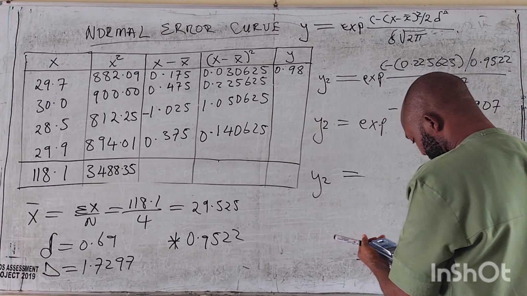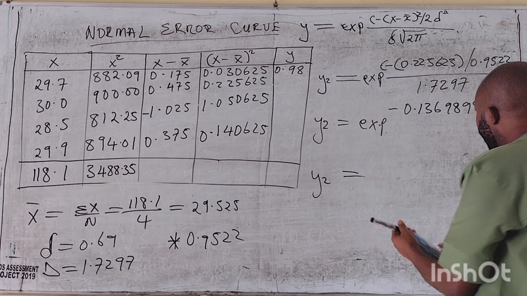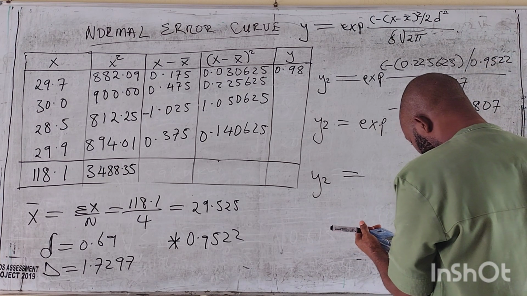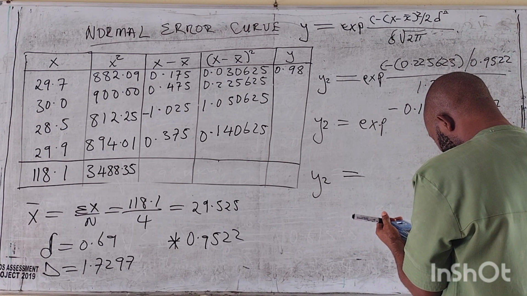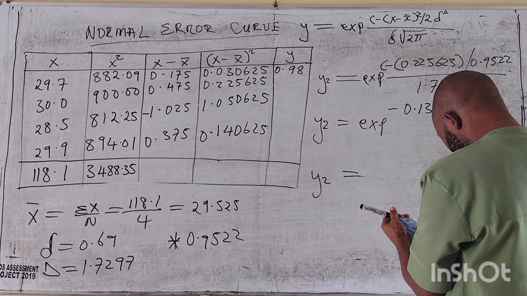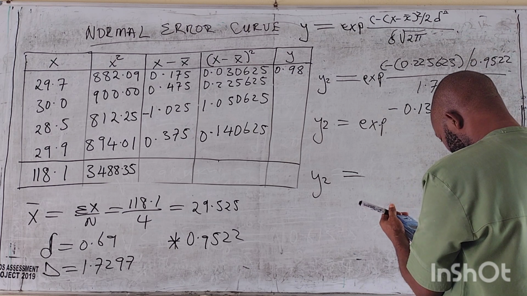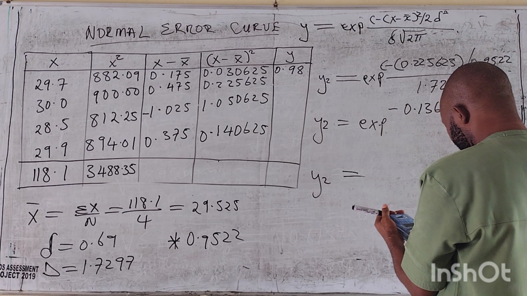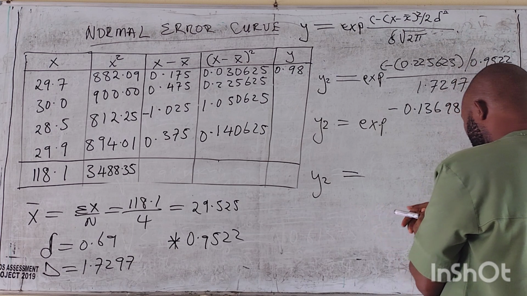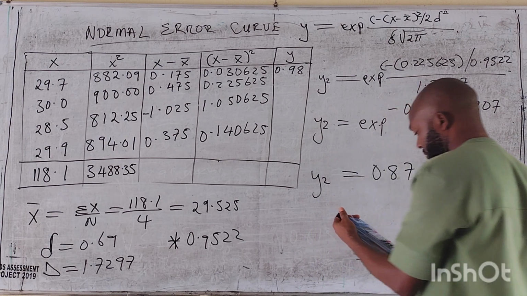So I go to my exponential function, exponential minus 0.136989807 is equal to 0.87.